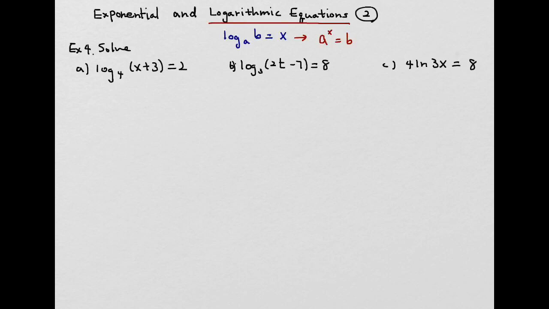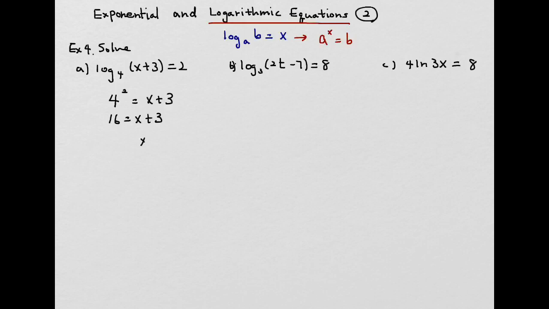So example A, we can convert this logarithm into 4 squared equals x plus 3. And we know how to solve this. This is just a simple linear equation. We know 4 squared is 16 equals x plus 3.